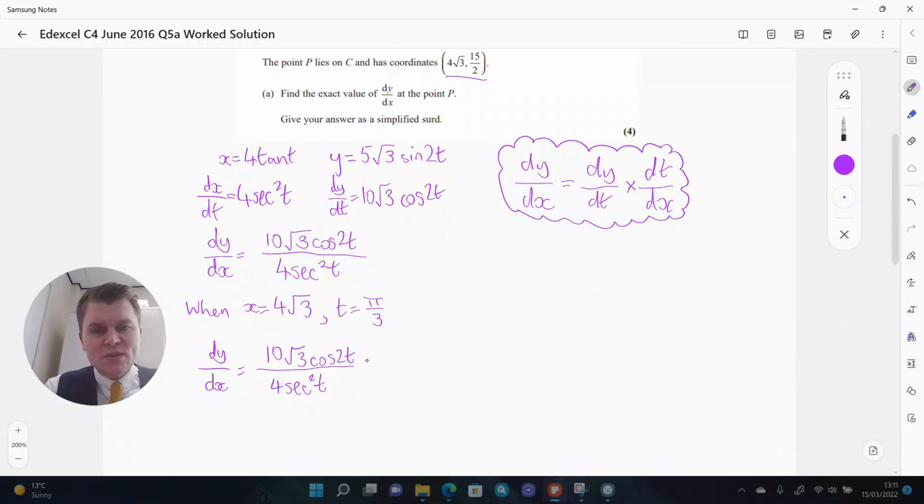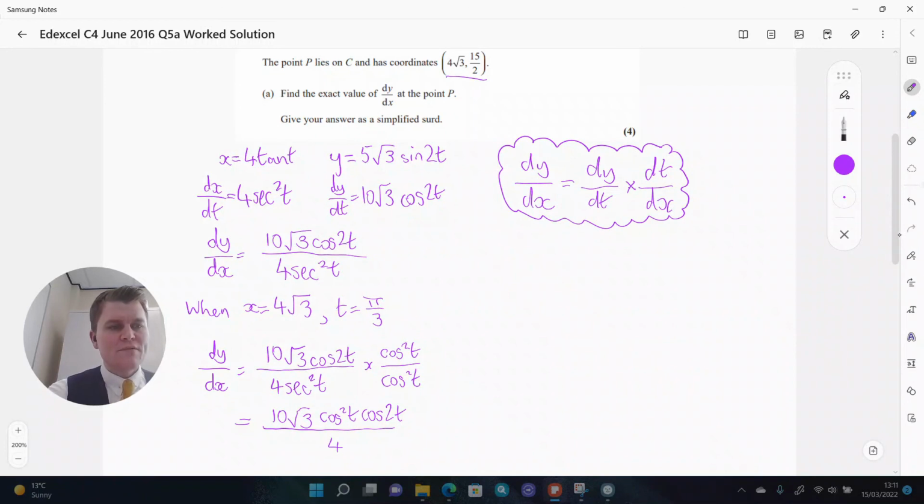So we just need to do something to the top and the bottom to make it a little bit kinder to our calculator. So if we multiply the top and the bottom by cos squared t, it will give us a slightly friendlier version of the equation. Okay?